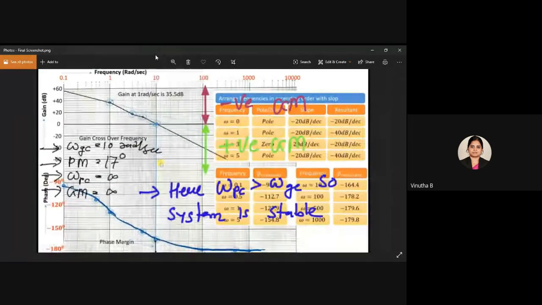Okay. So see here, on the x-axis, you can see they have taken frequency in radians per second. So here, this point, a tiny value, I don't know whether you're able to see or not. This is 1, 2, 3, 4, 5, 6, 7, 8, 9.